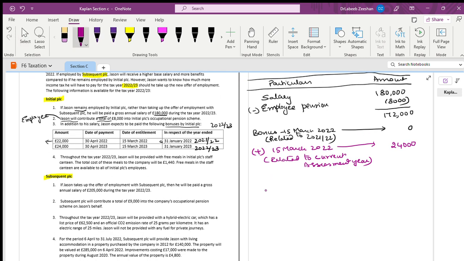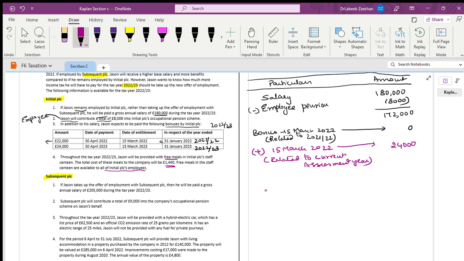Is it okay? Now, throughout the tax year, the session will provide free meals in the initial staff canteen. The total cost of these meals to the employees will be how much? 1440. Free meals in the staff canteen are available to all employees. See, these rules are not there. I checked with that. It is not there. Actually, it is there in the text. Is it right?